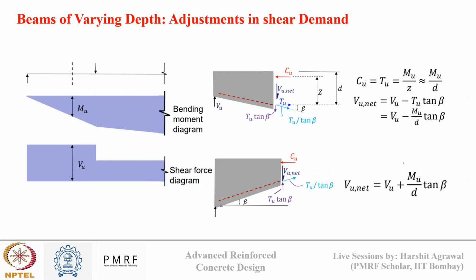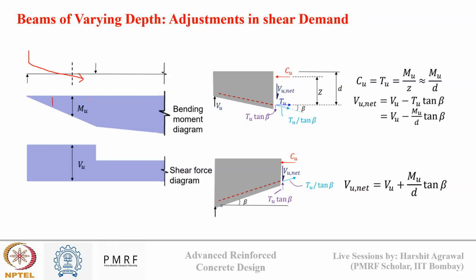Now, what if the depth of the beam is not the same, it is changing? In such cases, there are two possibilities. Either the depth of the beam is increasing in the direction of shear force increment. Suppose this is my beam and my shear force is increasing like this from the support, and in the same direction my depth of the beam is also increasing.